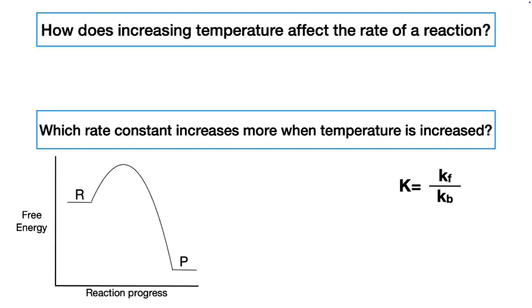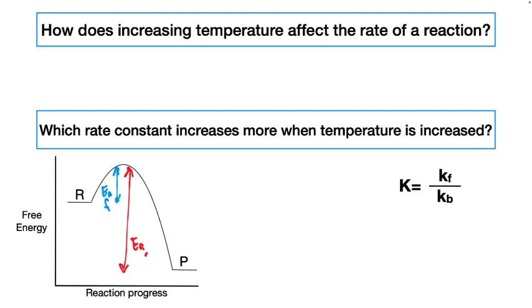As I increase the temperature, which of those things is going to be affected more? So what are we talking about? I've got the activation energy for the forward reaction. I have the activation energy for the reverse.